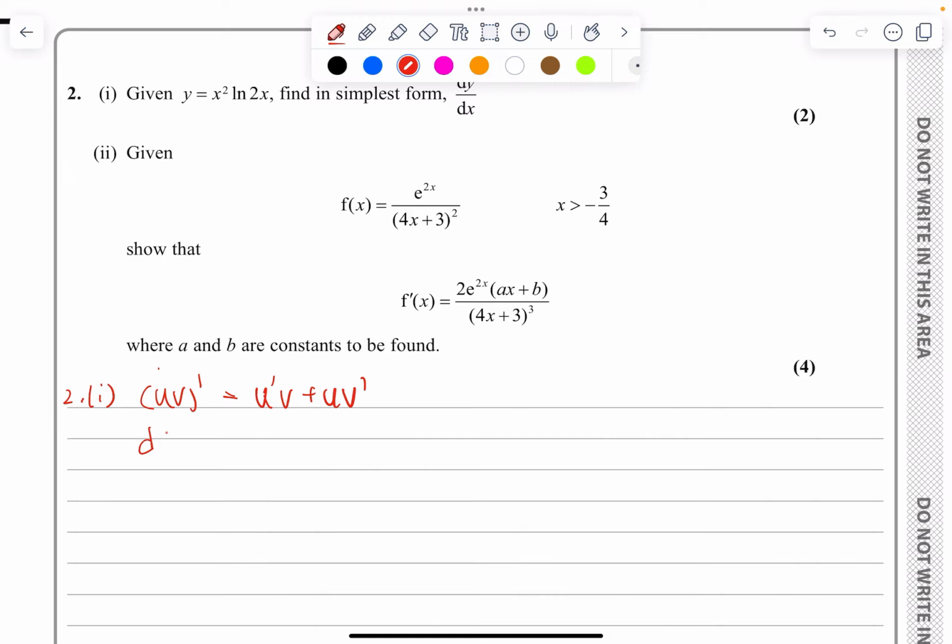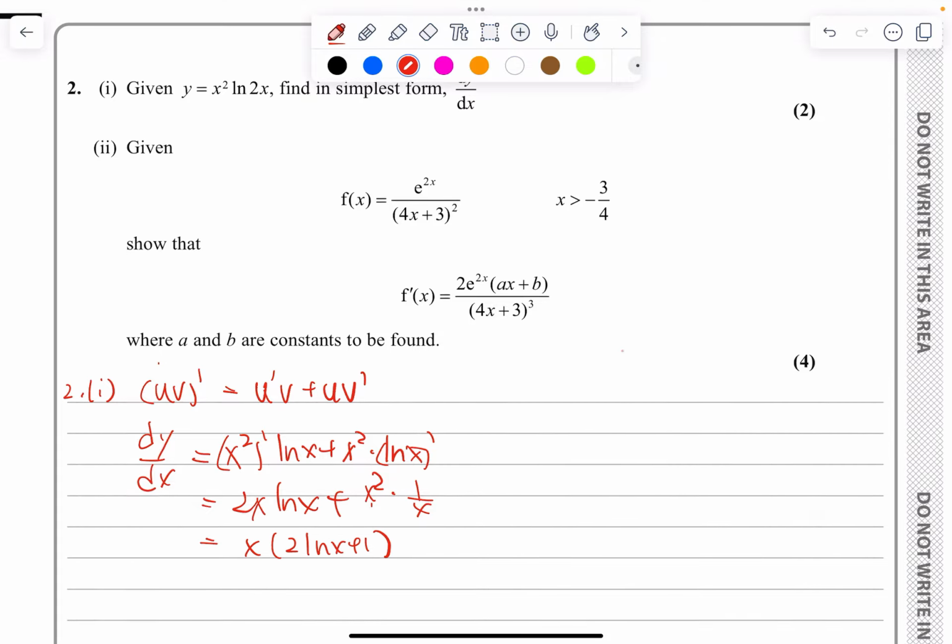Okay, so dy/dx here would equal the derivative of x squared times ln x plus x squared times the derivative of ln x. So that would be 2x ln x plus x squared times 1 over x. So this would equal x(2 ln x plus 1) if I take x out.